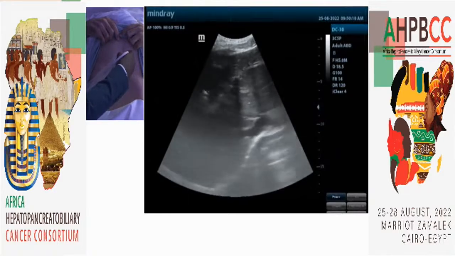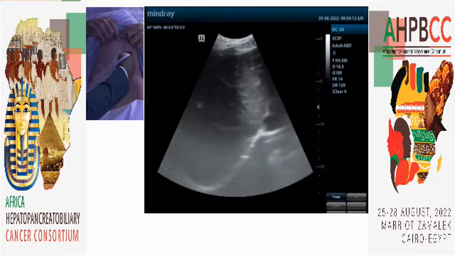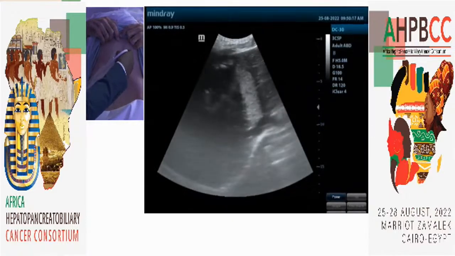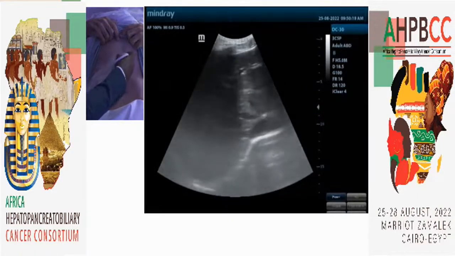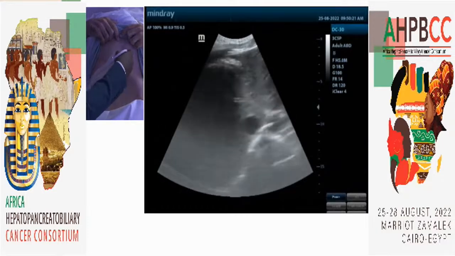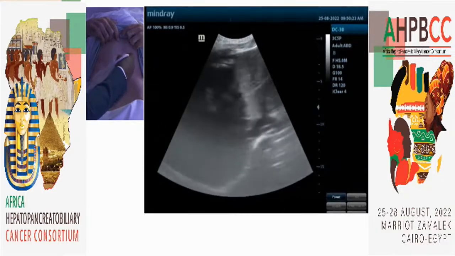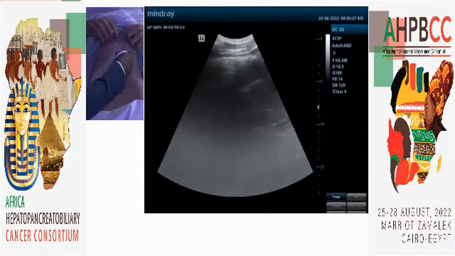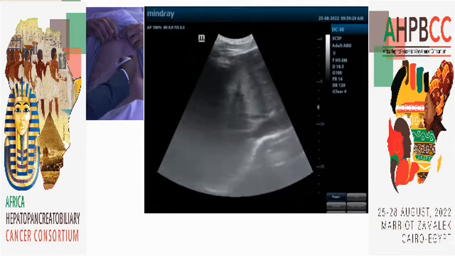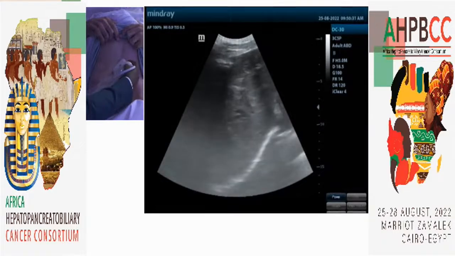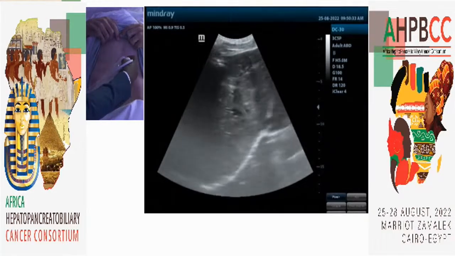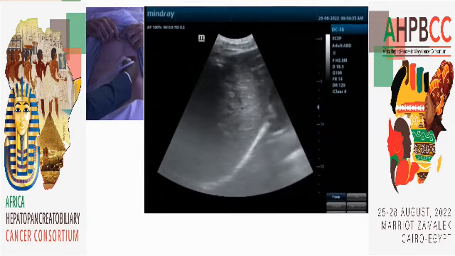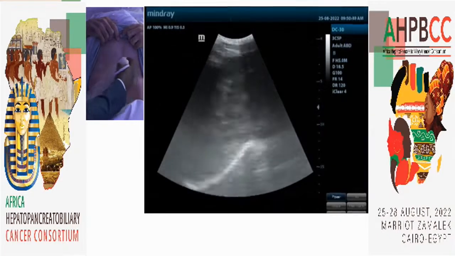So are we going to see the right lobe now? Yes, so now I'm going to see the large lobe in station 3, with a subcostal approach. With station 3, it's going to be a subcostal approach, beginning right from the region, but you may have to do some sliding from the xiphoid process level down to be able to see it entirely.